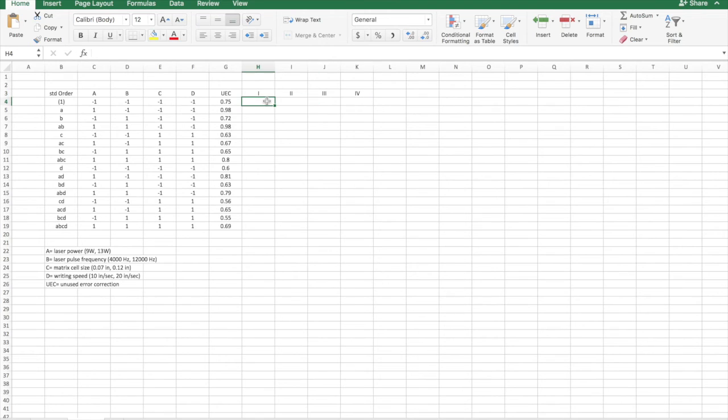Now we start with the first column. This process is called the Yates algorithm.